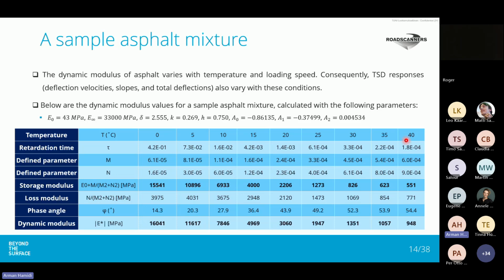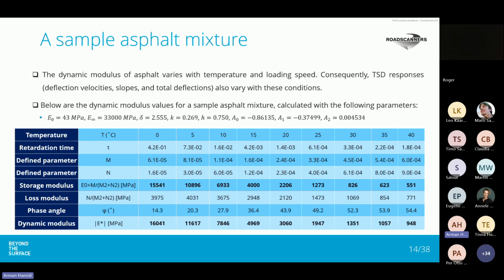And for the same mixture at 40 degrees centigrade, the dynamic modulus is 948 megapascal. So we can see numerically how increasing temperature will decrease dynamic modulus values. And the same can be shown for the vehicle speed, how increasing vehicle speed will increase dynamic modulus.